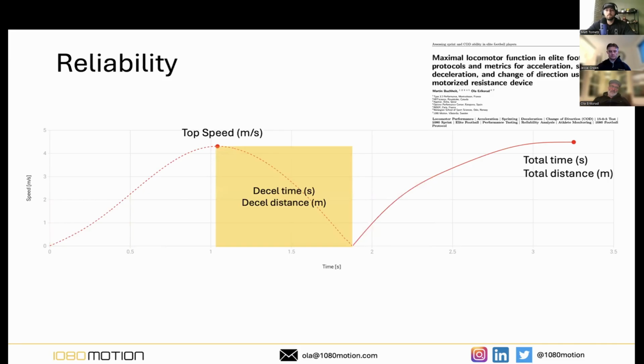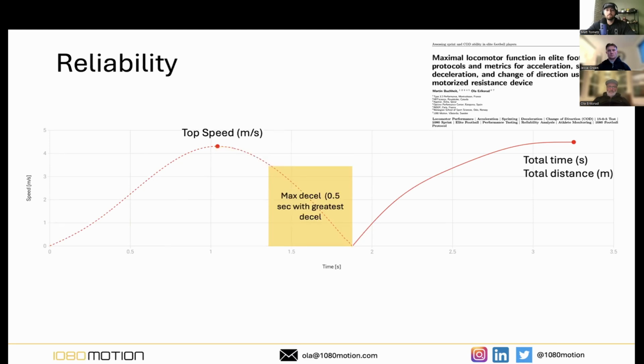And then we said, well, splitting deceleration into early and late, it might be easier for us to start a little bit more broader. It might be easier to communicate and also for people to start to implement and use. So from top speed until the turn, we said, let's just call that deceleration. And here you have deceleration time and we have deceleration distance.